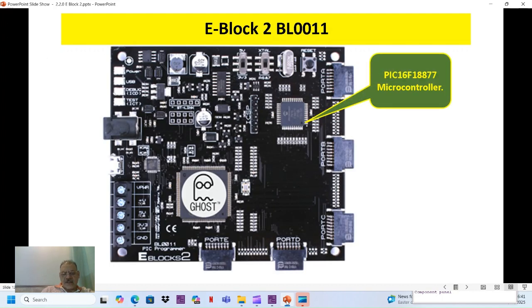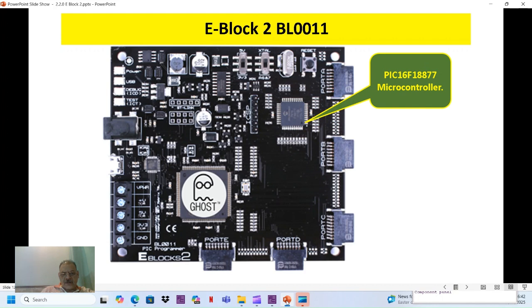This is the diagram of the E block 2 BL0011. As you note, the PIC microcontroller is on the top right corner, not the one where the ghost is written. That's the PIC microcontroller. And then there are ports, port A, port B, port C, port D, and port E.